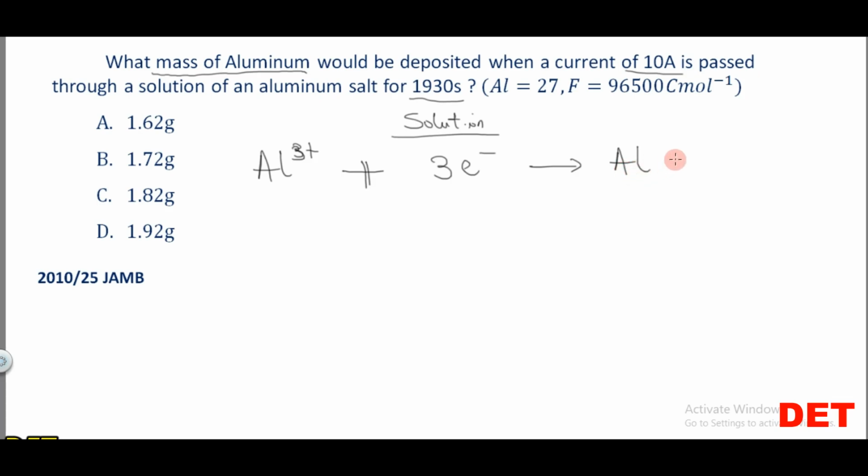And 1 mole of aluminum is equal to 27 grams. So in other words, 3 electrons of electricity will give us 27 grams of aluminum. We're dealing with grams because the question says what mass of aluminum, and our options are in grams, so we're looking for the mass.